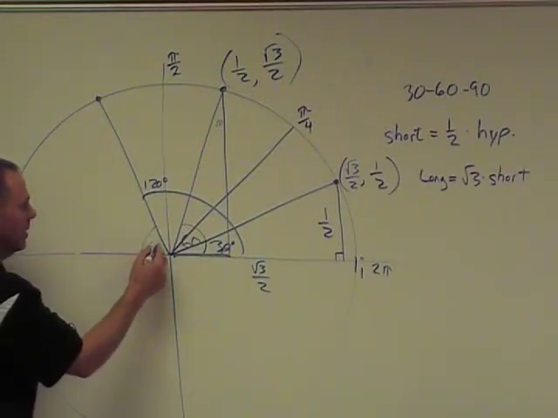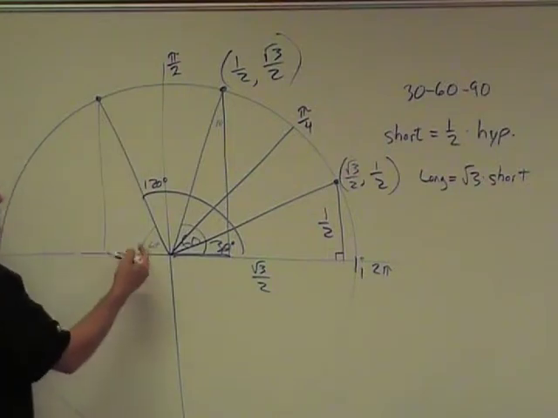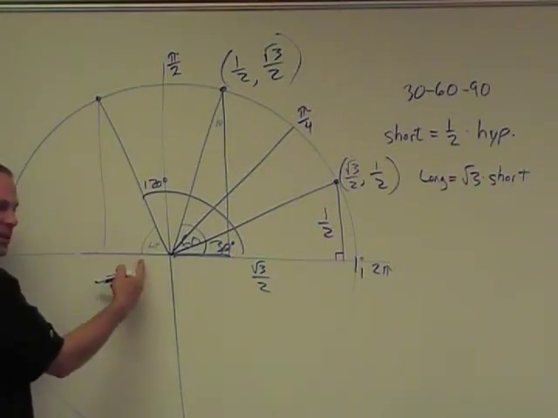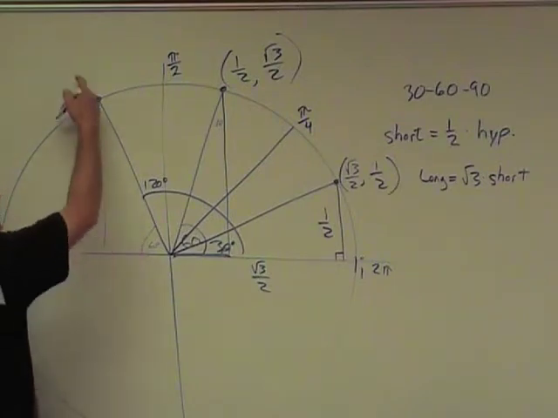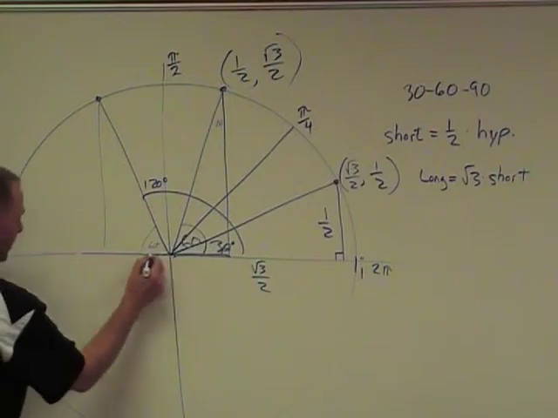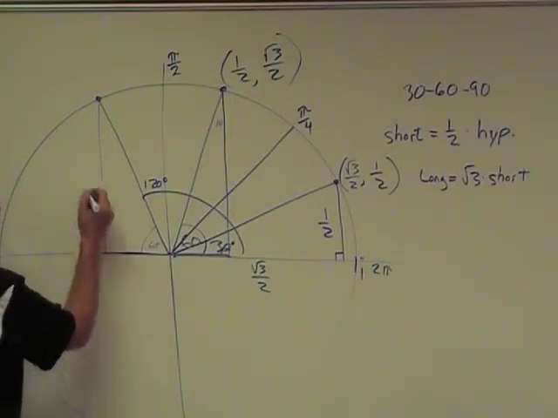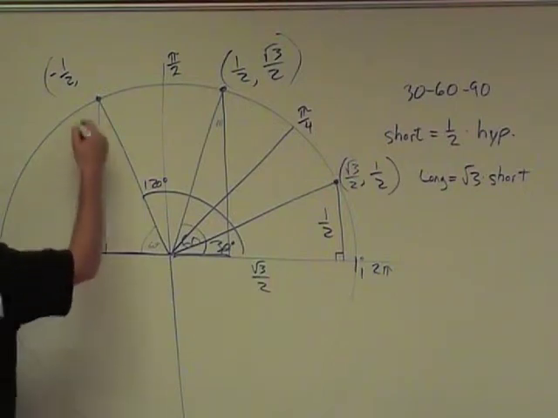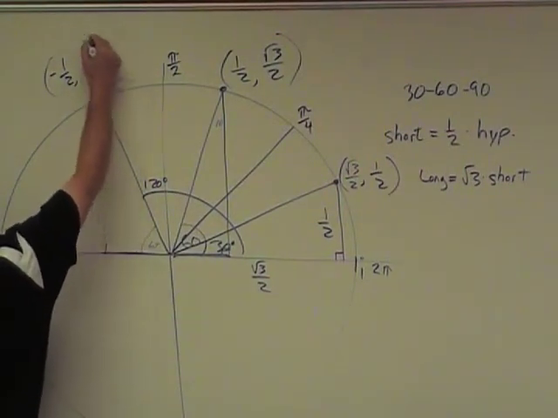It's 60 degrees. So if that's the case, this is my long side, this is my short leg. So what is this terminal point? Yeah, the x-axis here, the short leg, is going to be negative 1/2 and positive square root of 3/2.